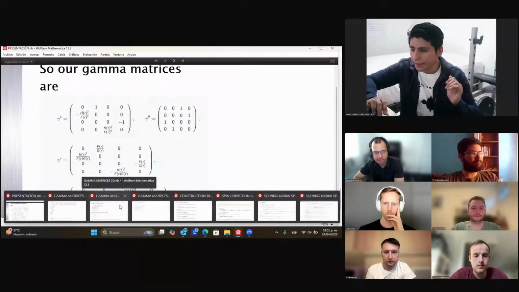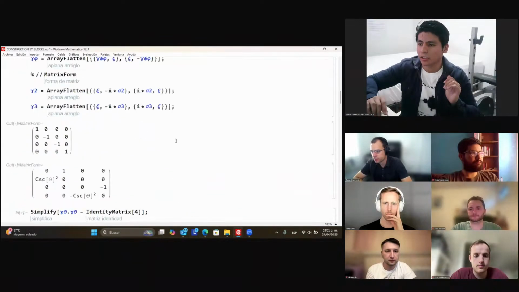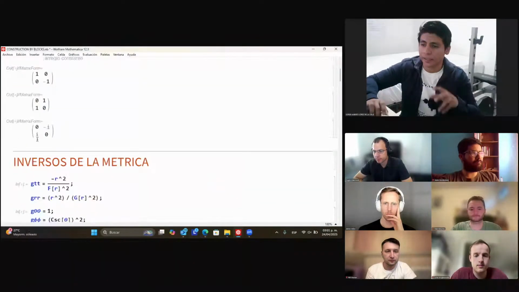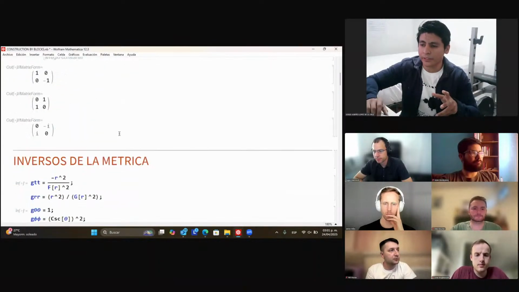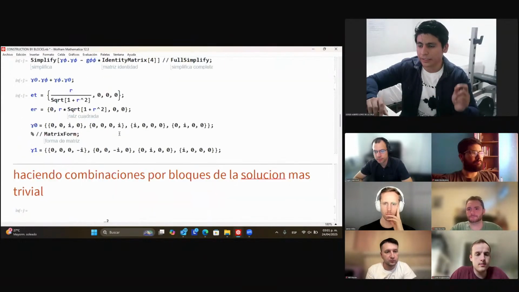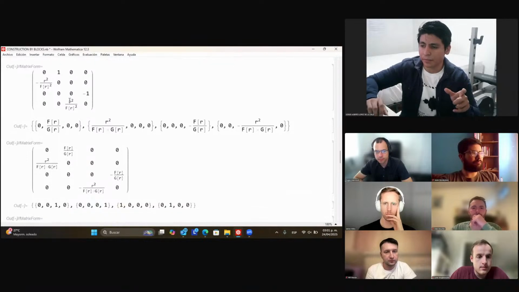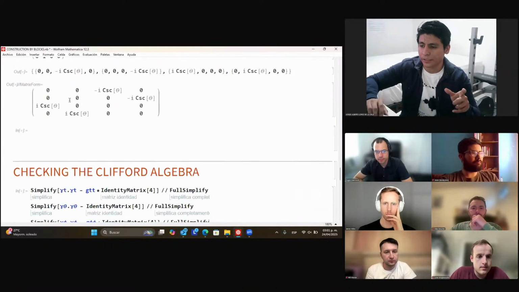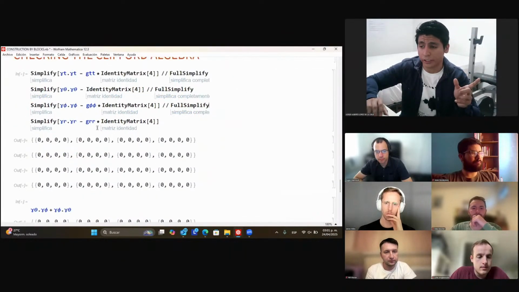Actually, here is the program. I propose my Pauli matrices, and I build these block matrices, and get finally my 4 by 4 gamma matrices. And I can check the Clifford condition here.